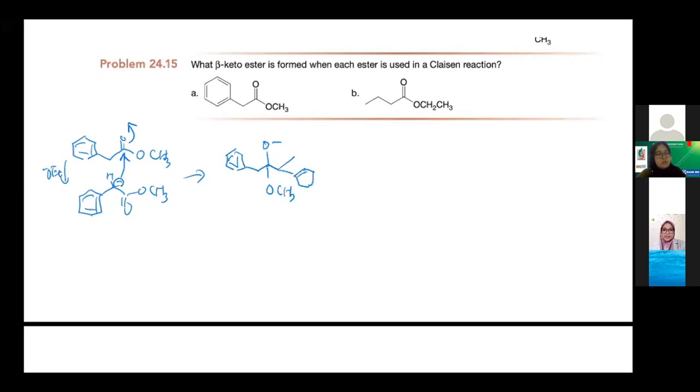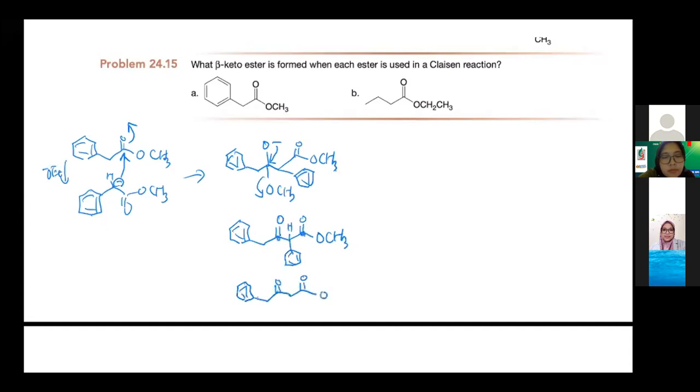This is the benzene ring here, and this is the methyl ester here, and this is the carbonyl. The proton back here is removed. This alpha proton is very activated because it is surrounded by the two carbonyls here, and the deprotonation occurred by the base.